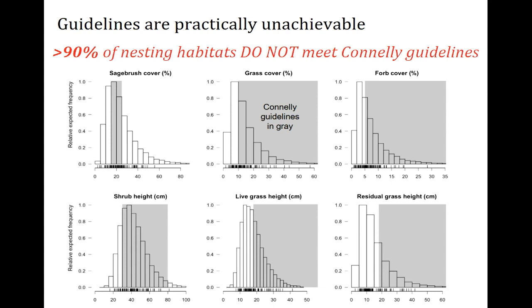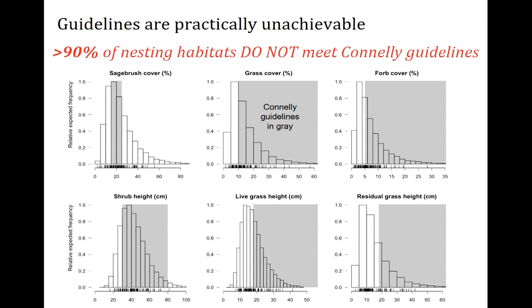Another interesting finding from this was that these guidelines are essentially unachievable most places. What you're looking at here are the distributions of what nesting habitat actually looks like across all these studies.